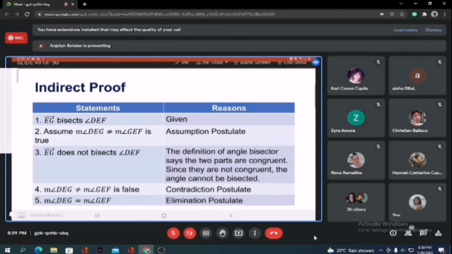So, ang assumption nimo is false. That's the contradiction. That means to say, the measure of angle DEG is equal to the measure of angle GEF. Mapugos ta nga equal sila, kay false man nga dili equal. Nakuha ninyo? Mao na ang contradiction.